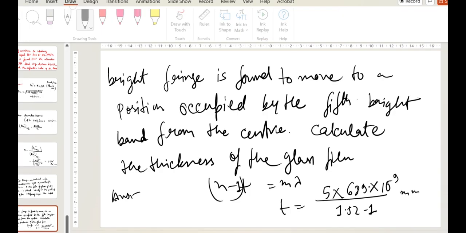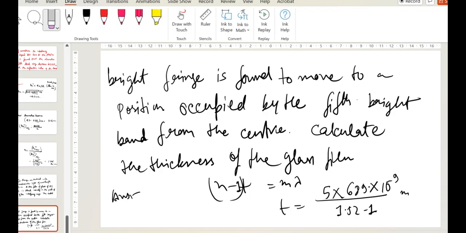This is actually in meter, and that will give us 6.625 into 10 to the power minus 3 millimeter.